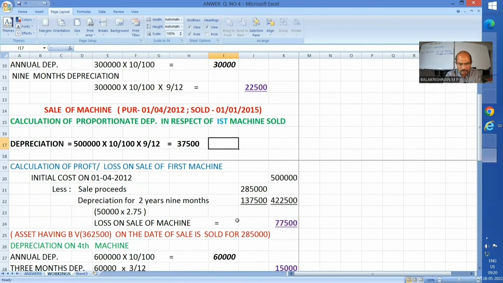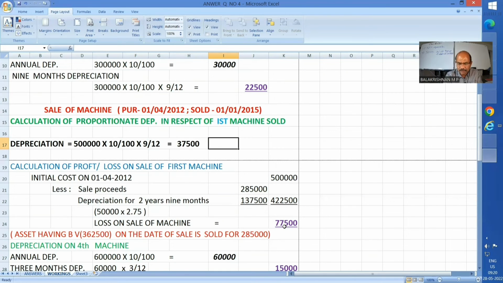So it will come to 1,37,500. But you can calculate yourself. 1 year 50,000, next year also 50,000, so 1 lakh, and the third year 37,500. That's why 1,37,500. So the sum of these two you reduce from the original cost. I find 77,500 is a loss.